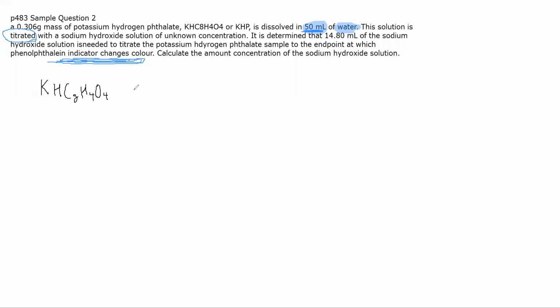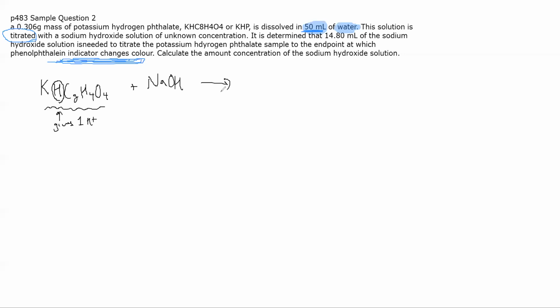As usual, I'm going to start with KHC8H4O4 plus NaOH gives me, I'm going to assume that is going to be my acid, because that's usually how they like to express it. Am I correct? That is correct. So you can assume that this is a funky acid that only gives one hydrogen plus, okay?